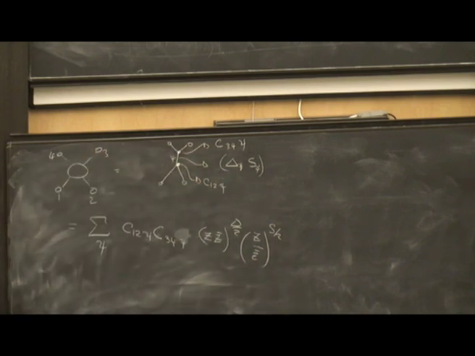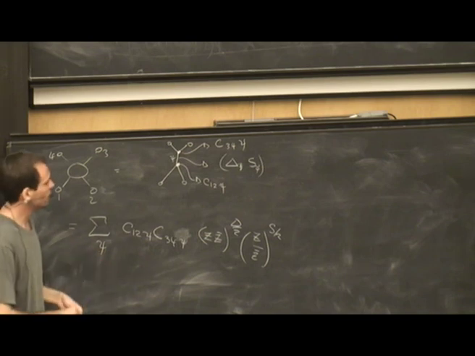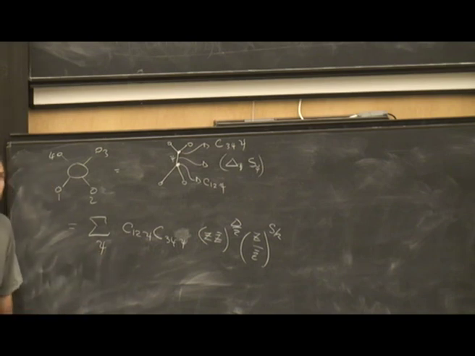Okay? So if you know your spectrum, and if you know the 3-point function, you have, in principle at least, a representation for your object.